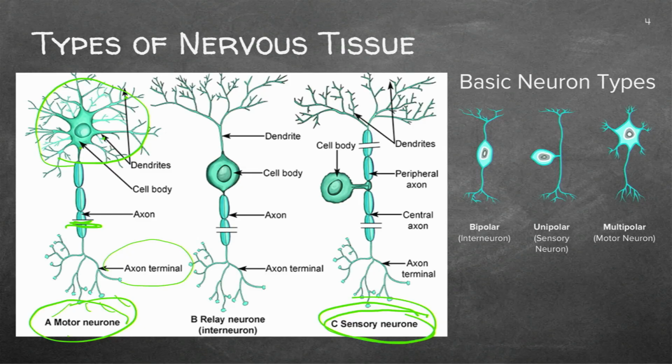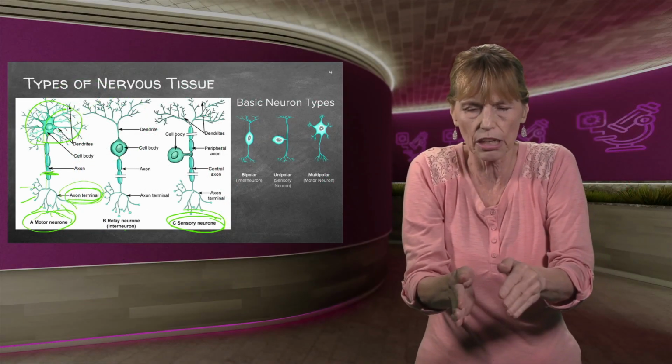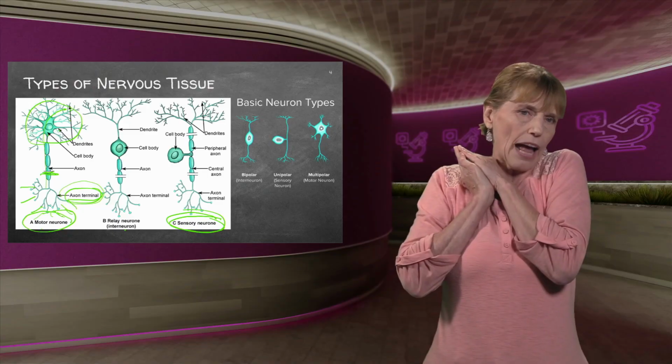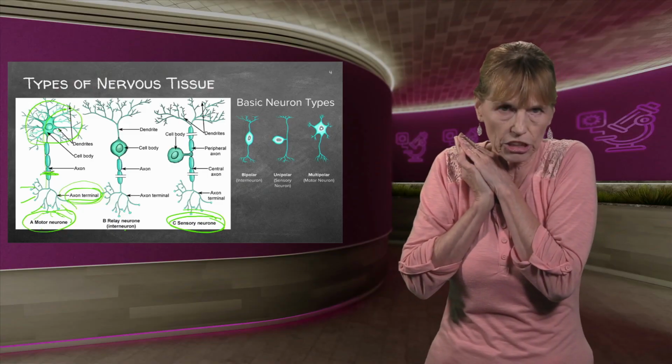And eventually these axons would stop in a muscle cell. So these dendrites will come from your interneuron, and these axon terminals will be inside a muscle cell, which will make the muscle, as we did in the previous section, contract and pull your hand up to stop it from touching the flame.